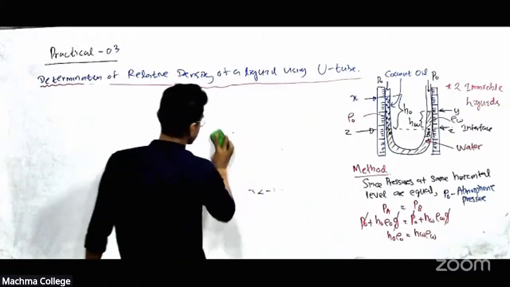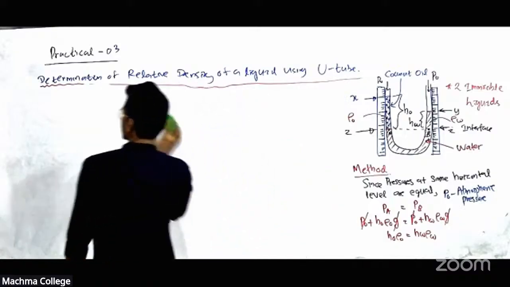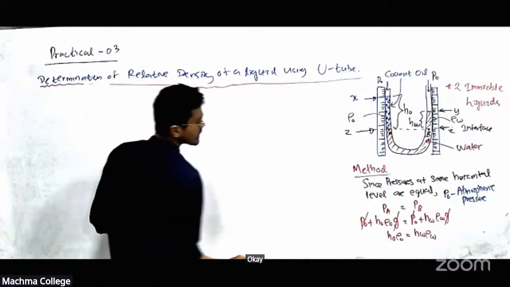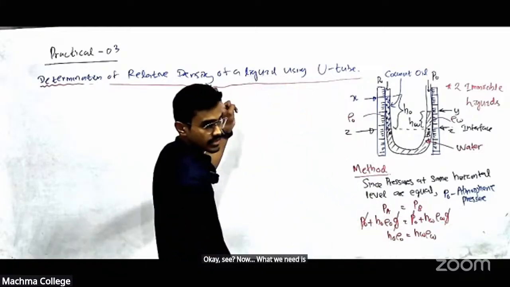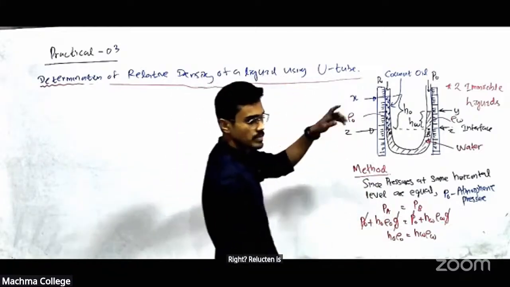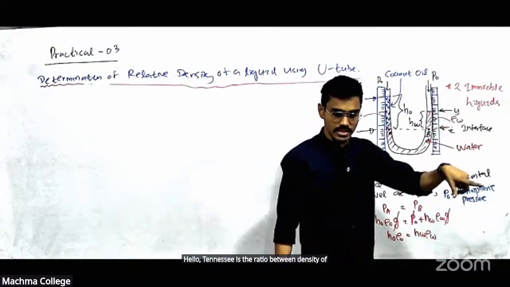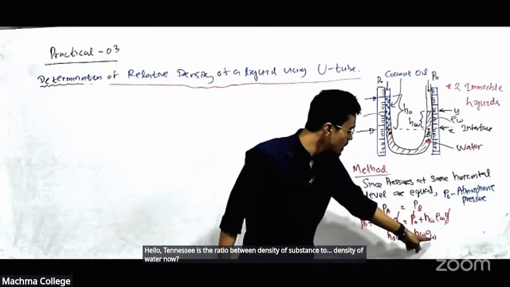Okay. Now, what we need is relative density, right? Relative density is the ratio between density of substance to density of water. Then rho W is my density of water.